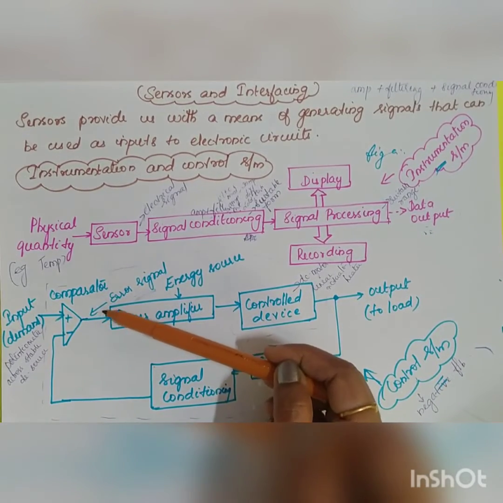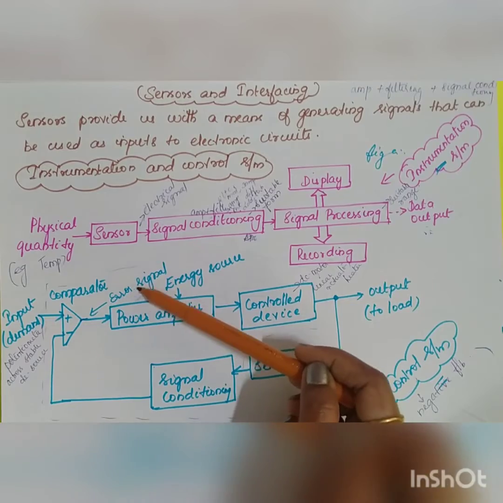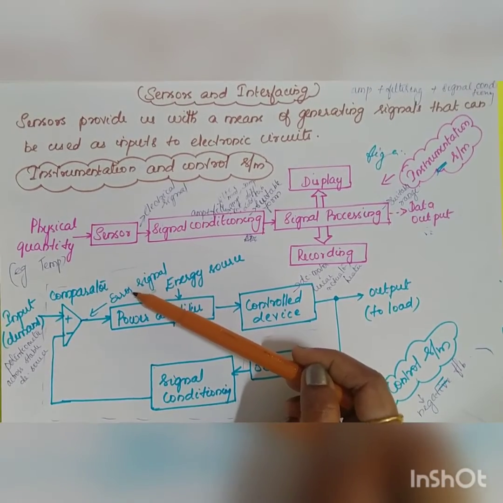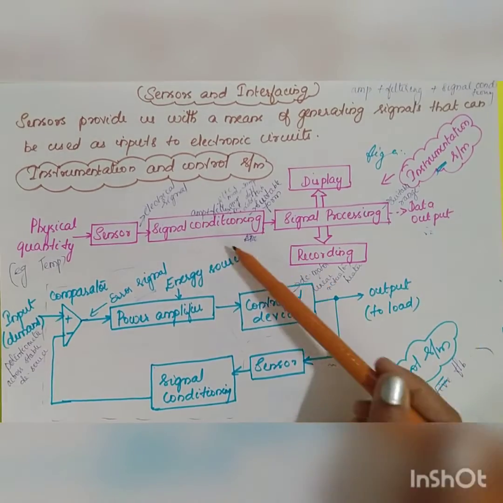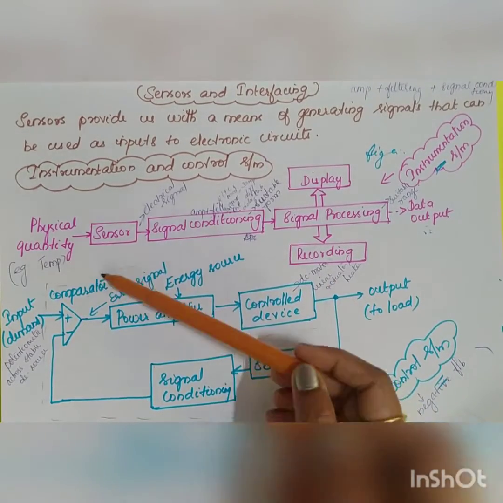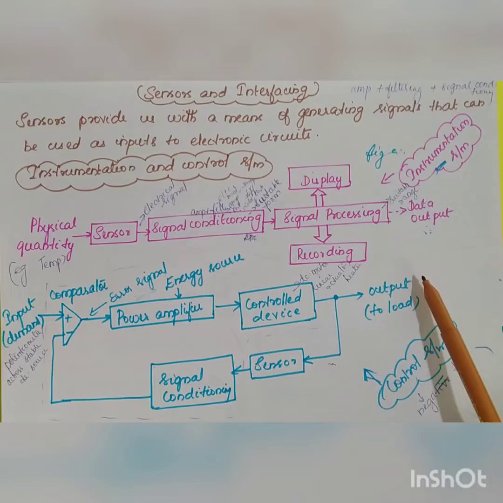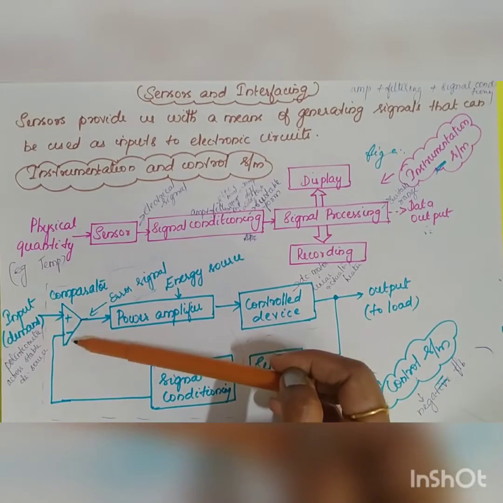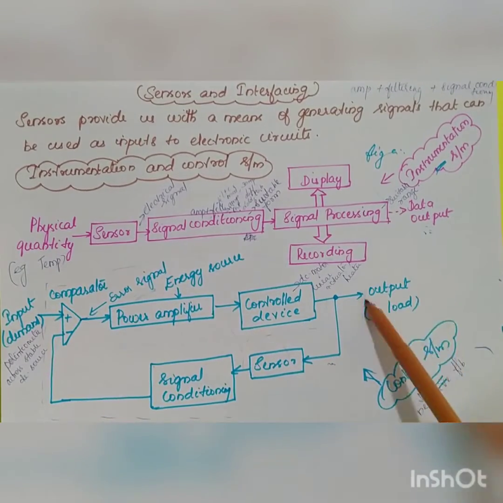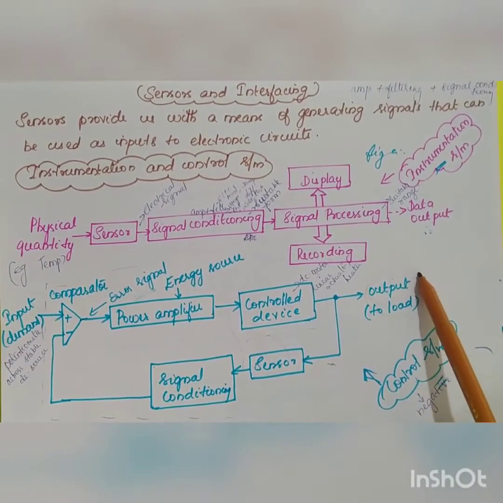The basic criterion here is that the error signal should be 0. Only then will you get the proper output. So you will have a comparator and a control device, and a sensor which senses the signal and gives it back to your comparator. So you will get the output, which is a controlled signal.